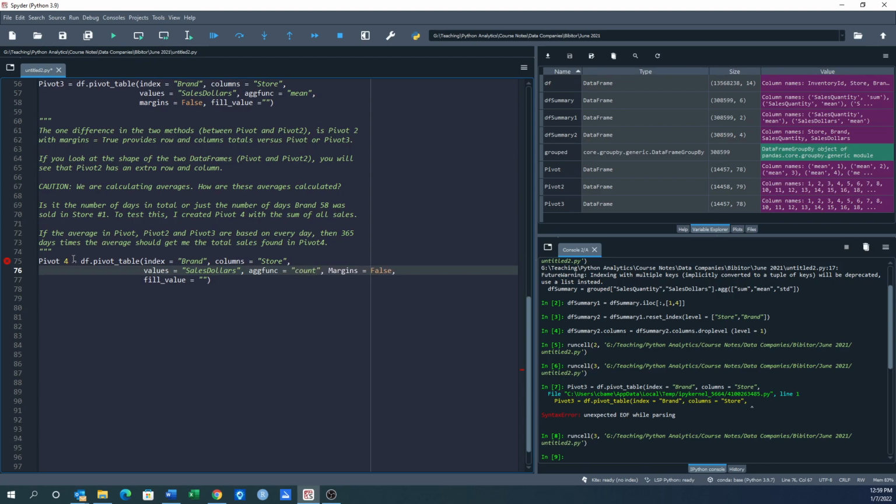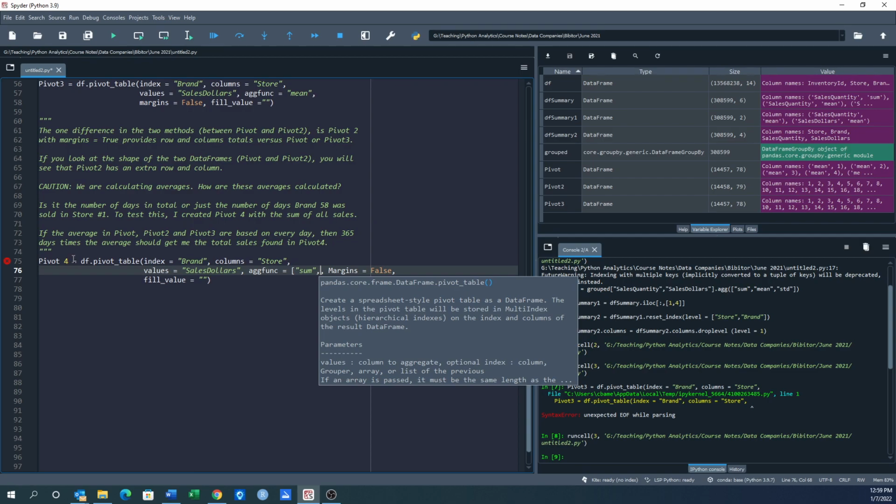How many days did I have sales dollars in this table? Or I could do the sum and then figure out whether or not the averages make sense. We'll keep it at sum for the time being. Or maybe it's possible, let's try it: let's do sum and count.